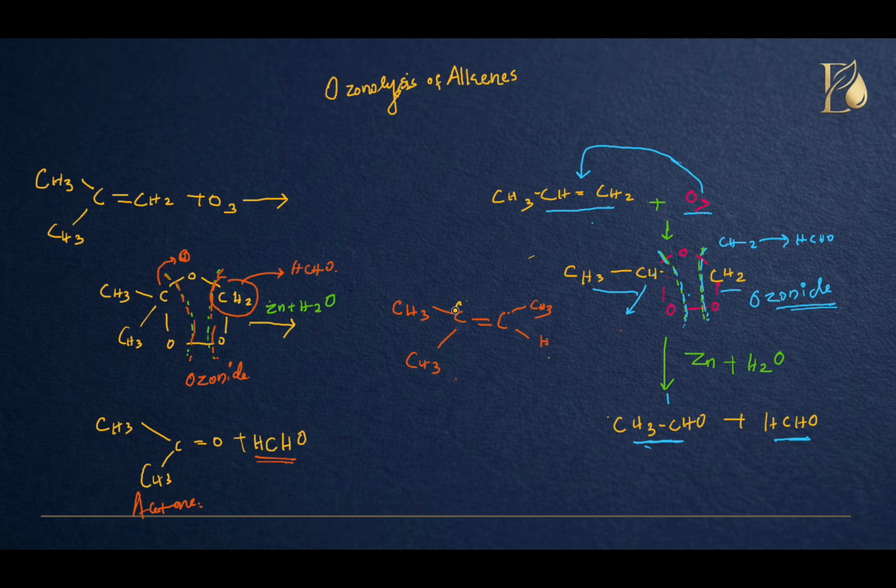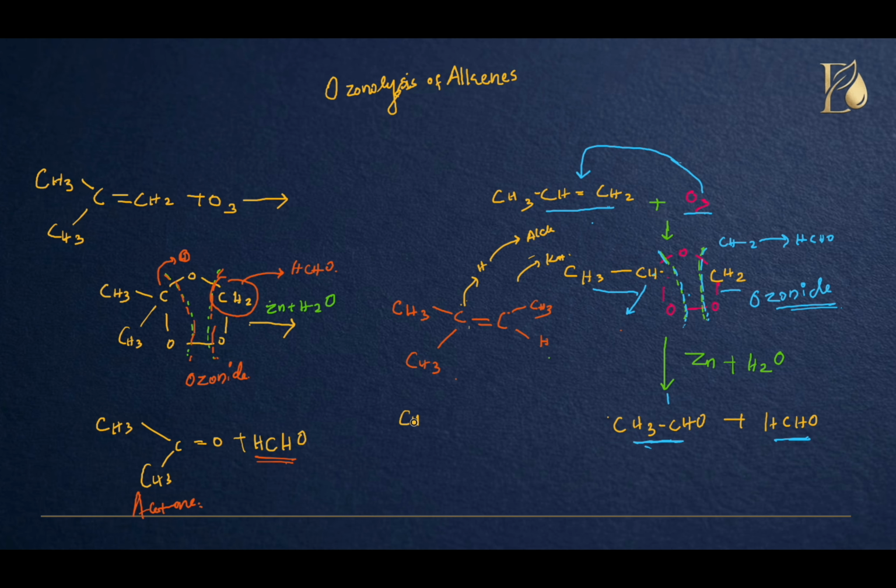Now we have to consider these two sp2 carbon atoms, the carbon atoms where the double bond is present. If that carbon atom has a hydrogen atom, it will be converted into an aldehyde. If there is no hydrogen atom, it will produce a ketone. This carbon atom doesn't have a hydrogen atom, so it will produce the corresponding ketone. Just add a double bond oxygen.